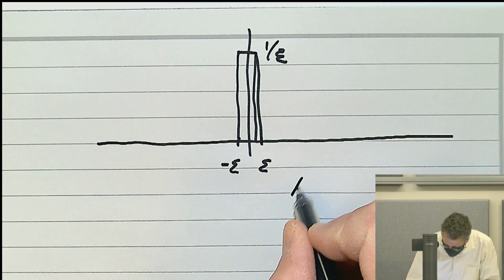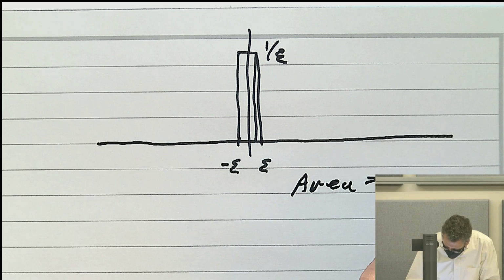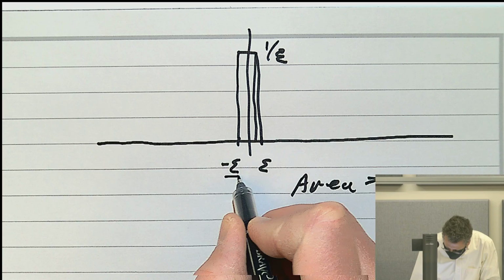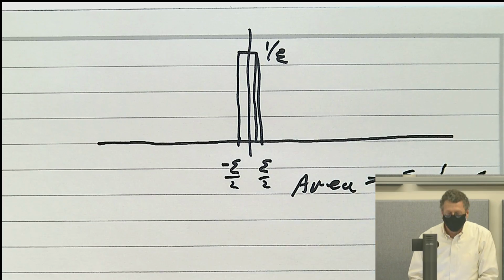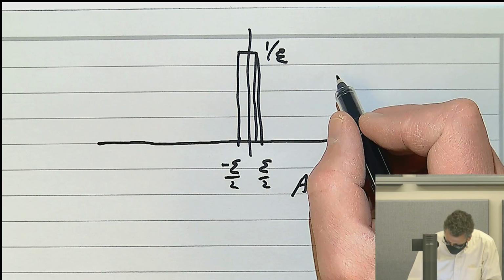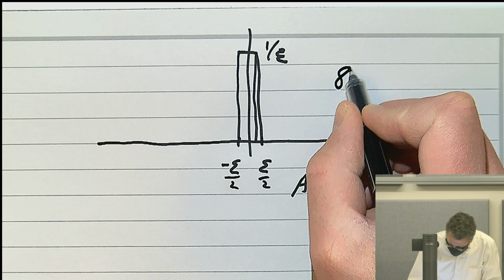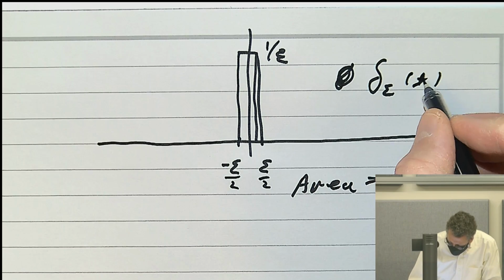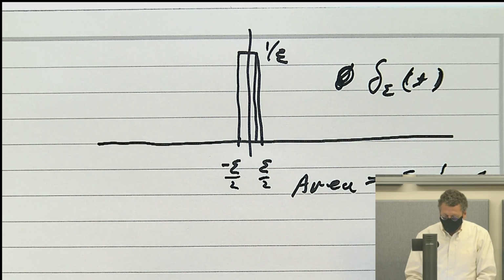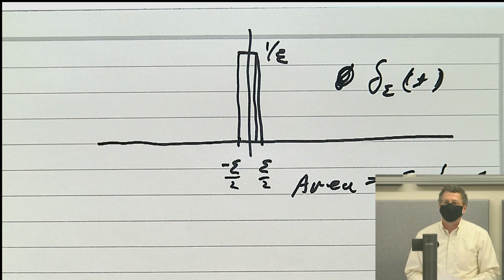And the area is equal to, hold on for a second, I got it messed up. This is over 2, I guess. So this would be epsilon times 1 over epsilon equals 1. And then I'd call this delta epsilon of t.